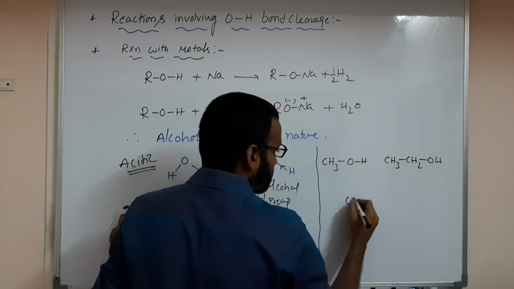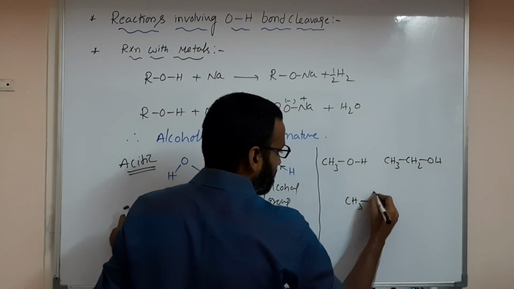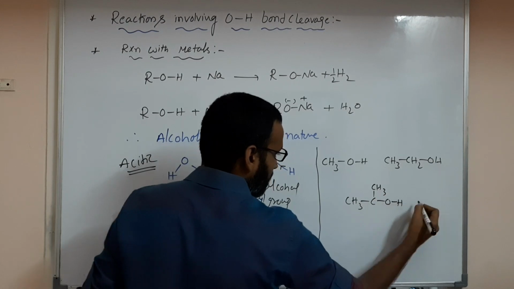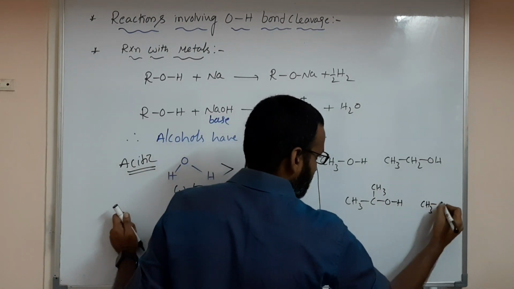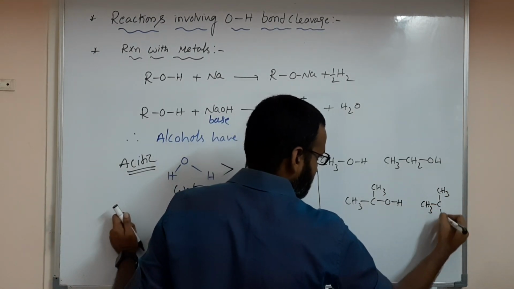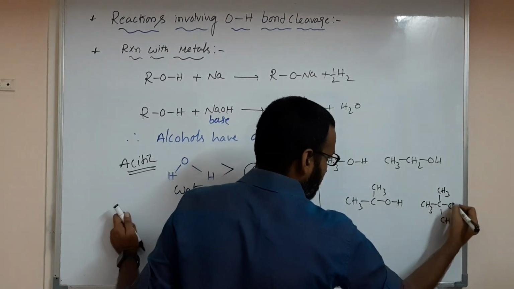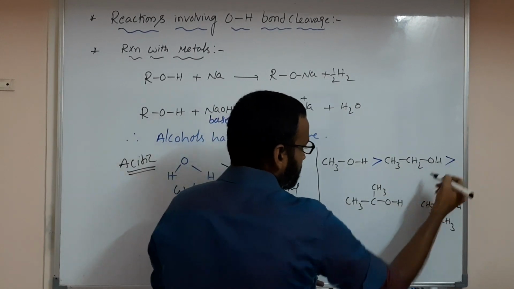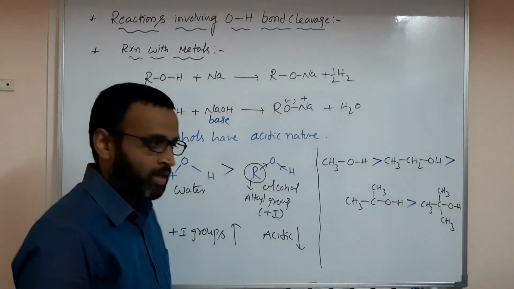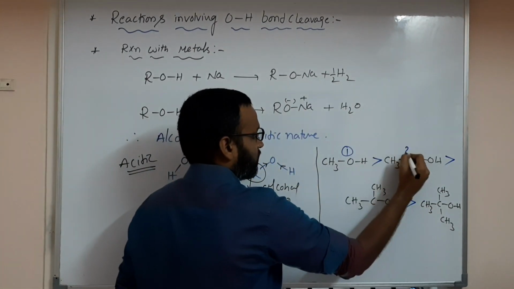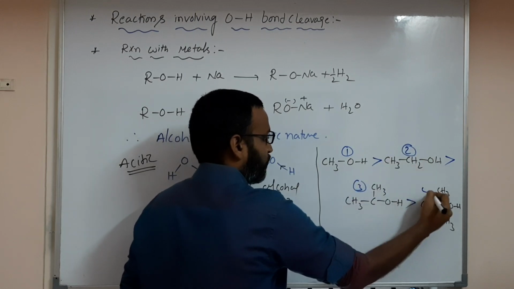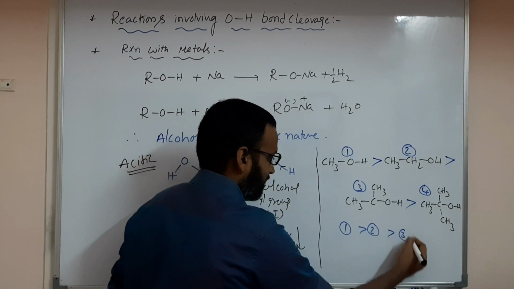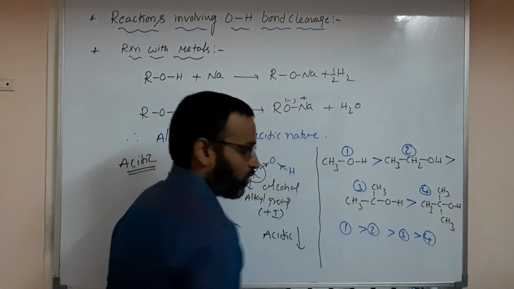As the number of carbons increases, who is more acidic? This one is more acidic. This is the order. Otherwise, if you want numbers, write 1, 2, 3 and 4: 1 is more acidic than 2, 2 is more acidic than 3, 3 is more acidic than 4.